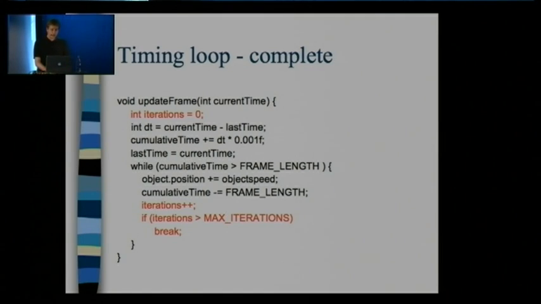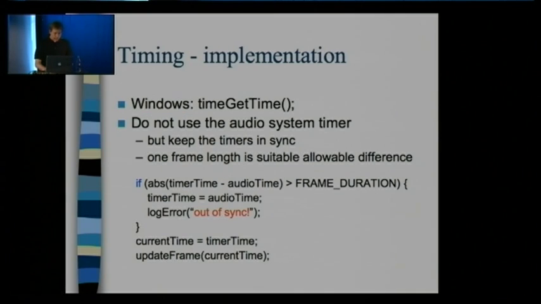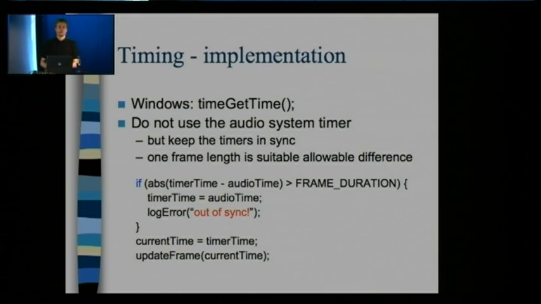So some few words about implementing timing. By the way, this is the exact timing loop that I'm using in my demo engine. It runs fine. On Windows, we have this fantastic thing called timeGetTime, which is a really simple function. It will return you milliseconds. You also have, in Windows, high-performance timers, but nowadays on modern computers, they have some unpleasant issues.